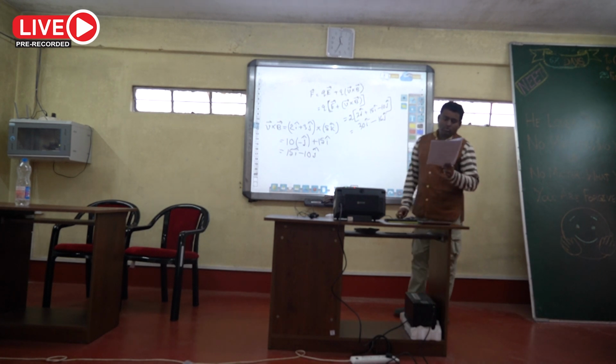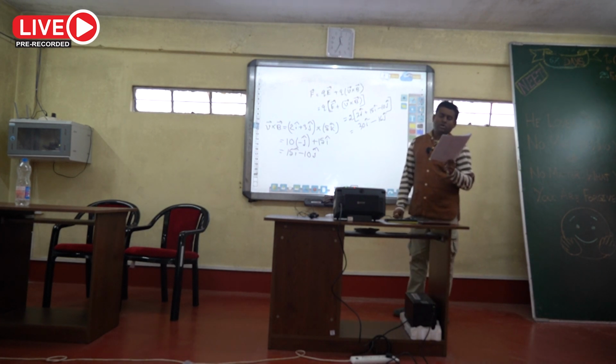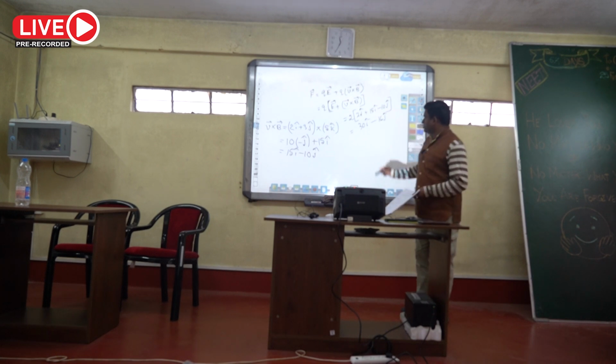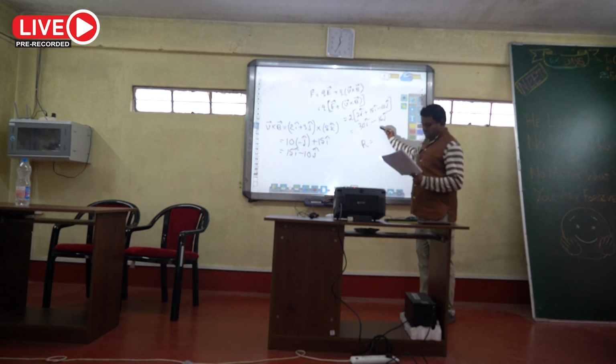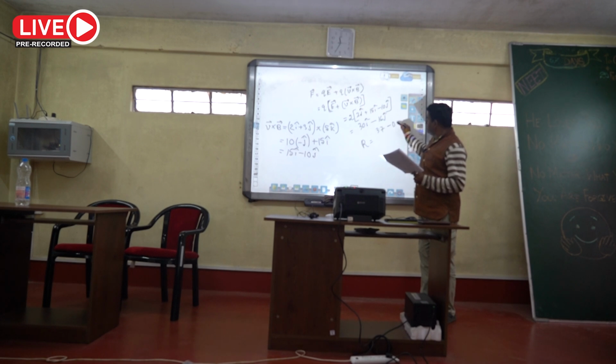See, when it is shown in the graph 3.7 volt, then to find the rise in voltage, you have to calculate 3.7 volt minus the barrier potential. So dynamic resistance R will be 3.7 minus barrier potential. Barrier potential is given 0.7, divided by current 30 milliampere, means 30 into 10 to the power minus 3.